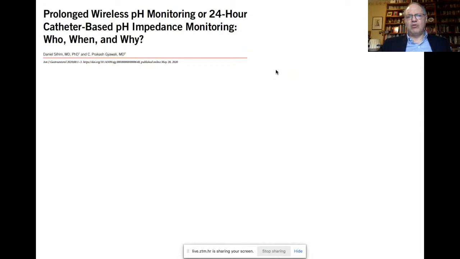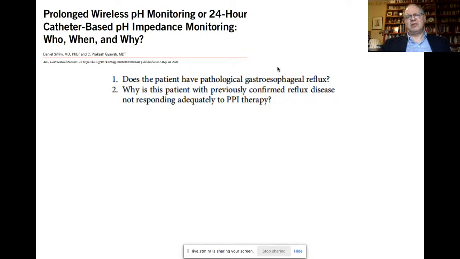What we tried to do was to get a discussion about when we should use each if there are no extra-medical biases. The point is to answer two questions with these techniques. Does the patient have pathological gastroesophageal reflux? And why is this patient with previously confirmed reflux disease not responding adequately to PPI therapy?